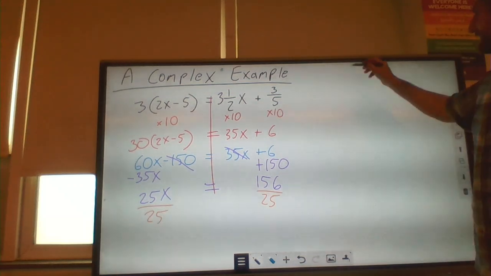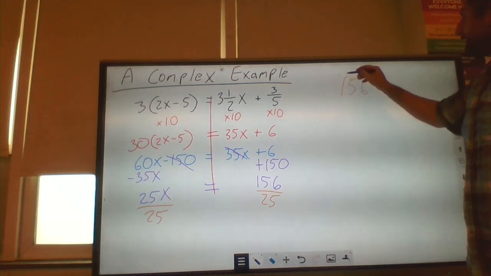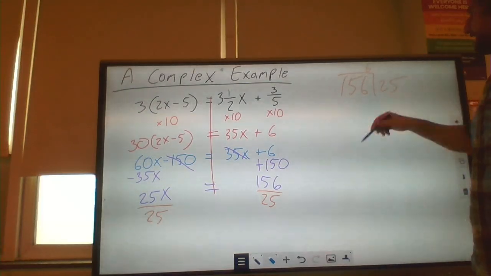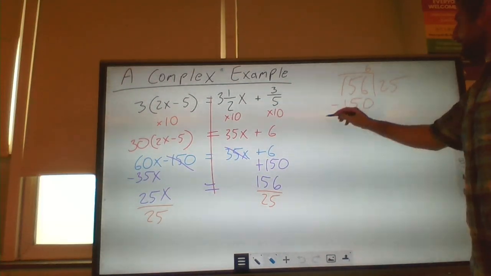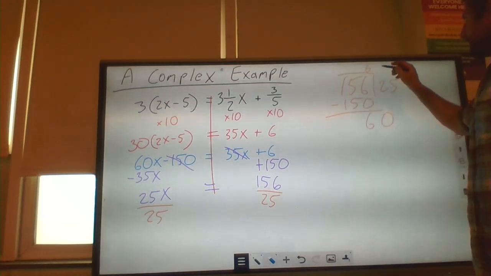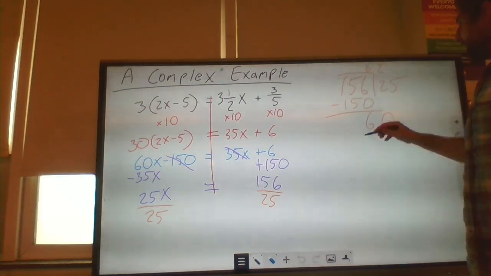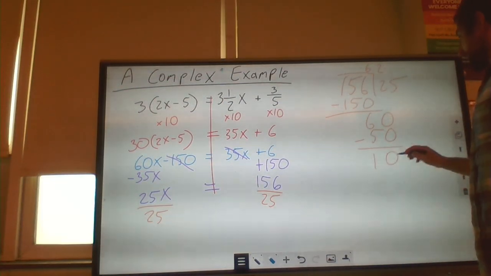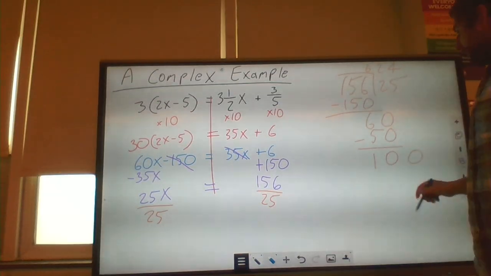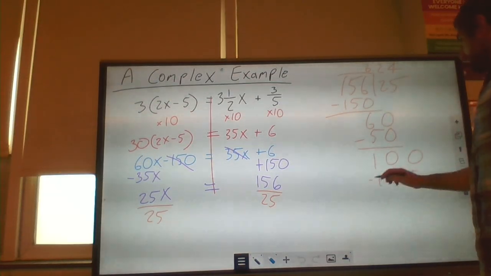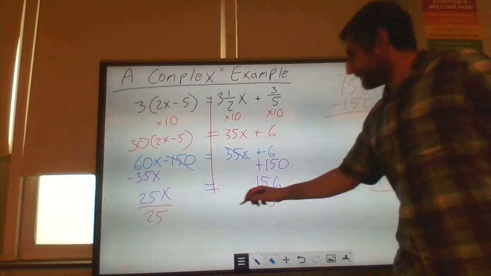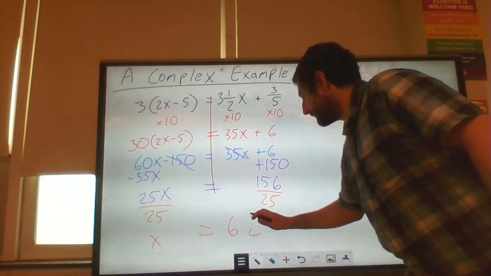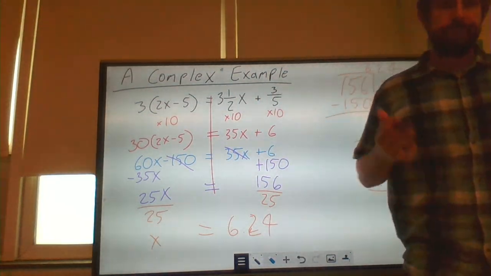I'm going to do it off to the side. 156 divided by 25 is 6.24. So x equals 6.24. And that's it.